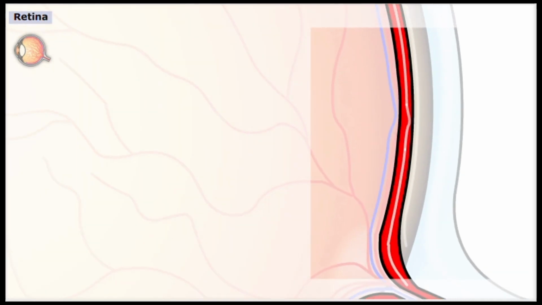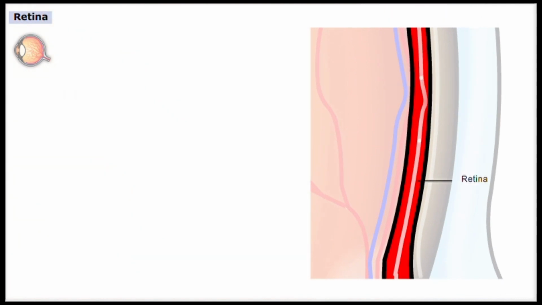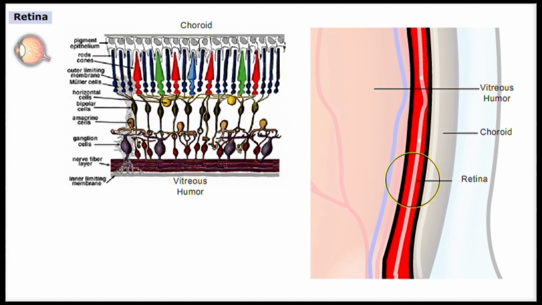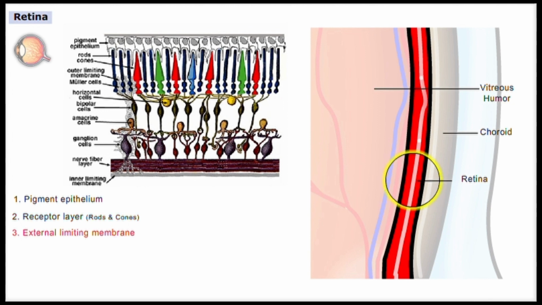This is made up of 10 layers, namely: the first layer, named pigment epithelium, which absorbs stray or scattered light. Second layer is the receptor layer, which is made up of rods and cones and converts light energy to electrical activity. Third layer is the external limiting membrane, which provides a supportive function.